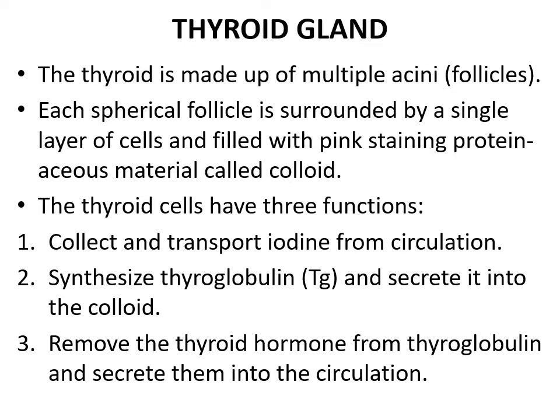It removes the thyroid hormone from thyroglobulin and secretes them into the circulation. So let's discuss these functions one by one. So first is collection and transport of iodine from circulation.